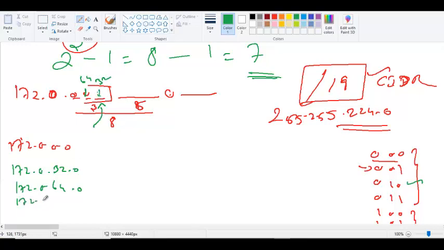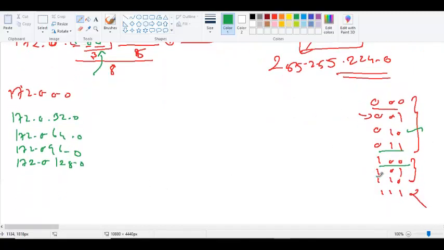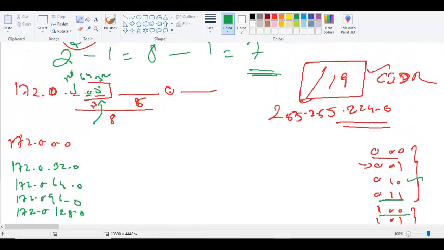And when I apply this one, 100, here it is 128 now. So the subnet is 172.0.128.0. The next one, 101. 101 is 128 plus 32, which is 160.